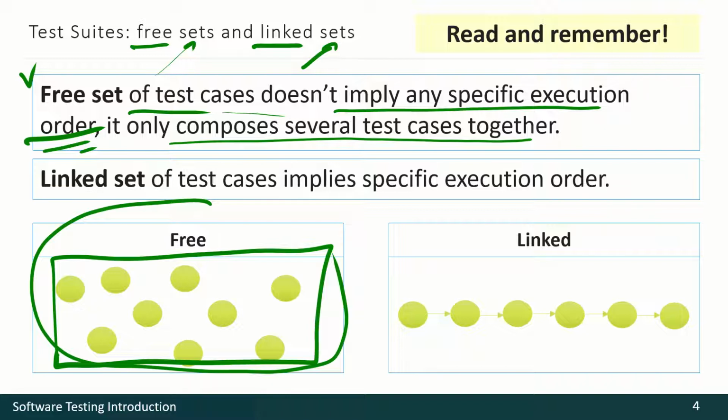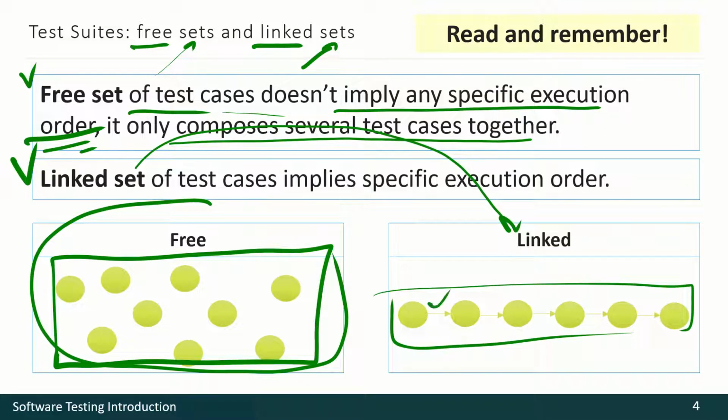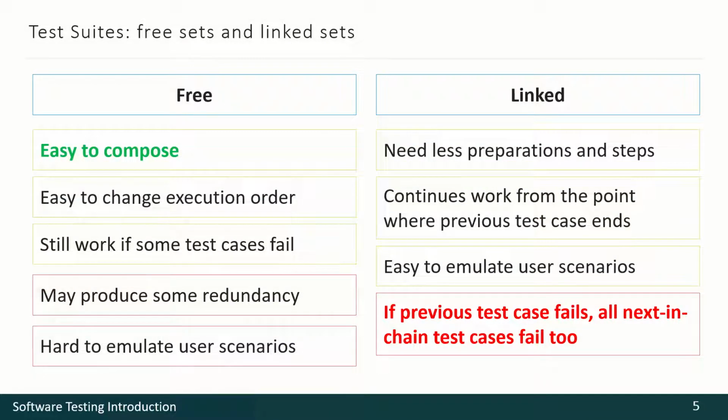They are not glued to each other. But in a linked set, we have a sequence. Here you see the link. So we execute those test cases in a specific order, and that order may not be changed without recombining the whole test suite.